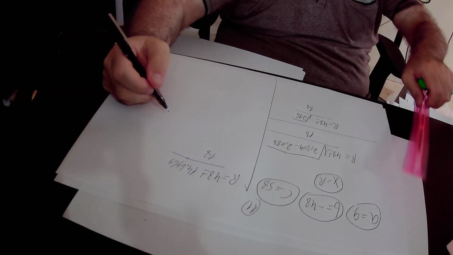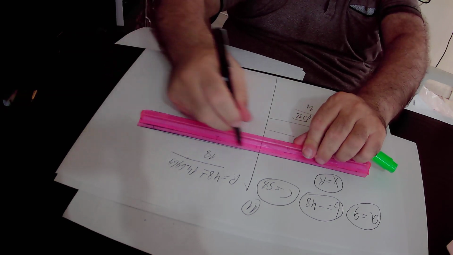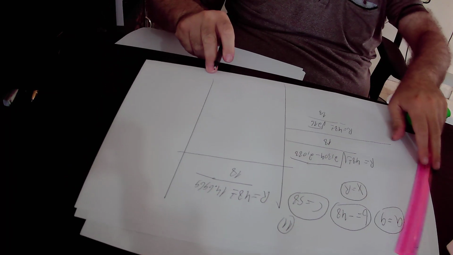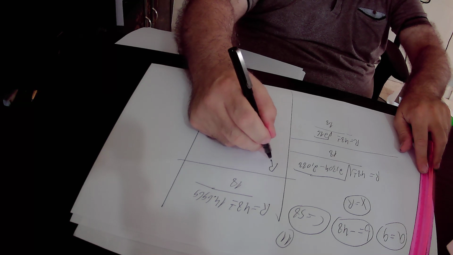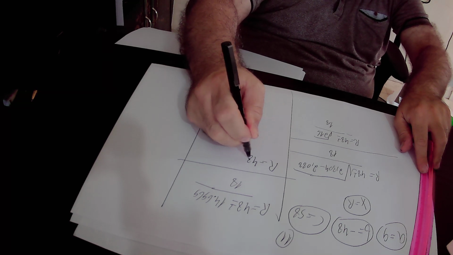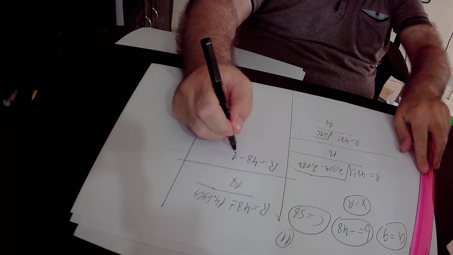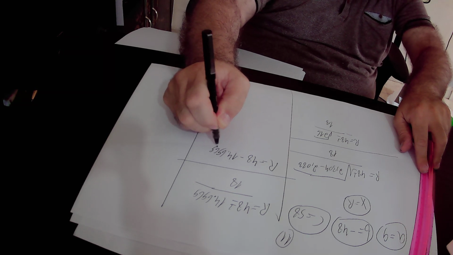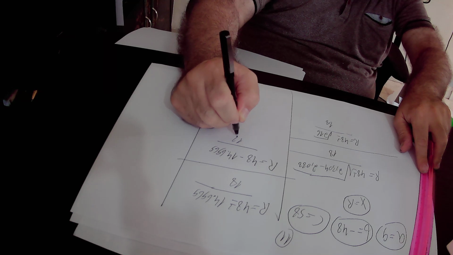So here we'll have two solutions that are possible for r. The first solution for r is that r equals 48 minus 14.6969 over 18.